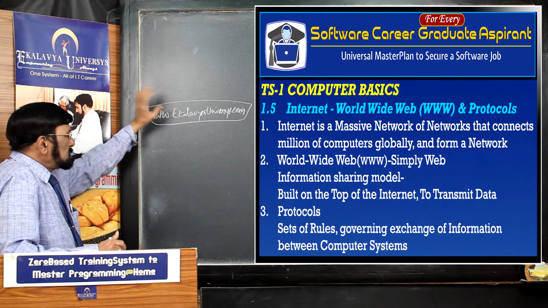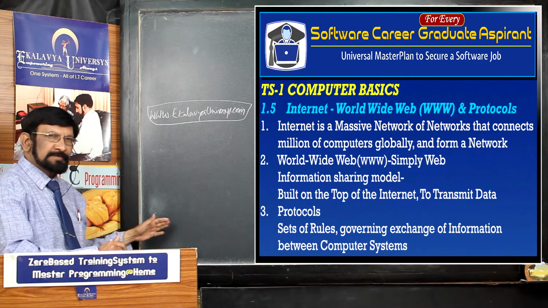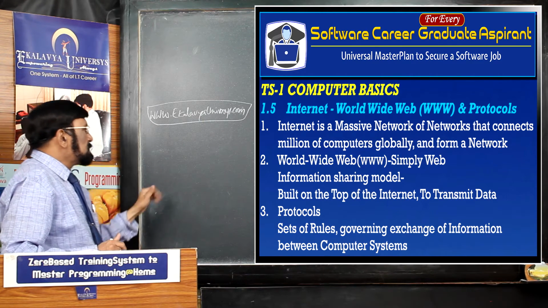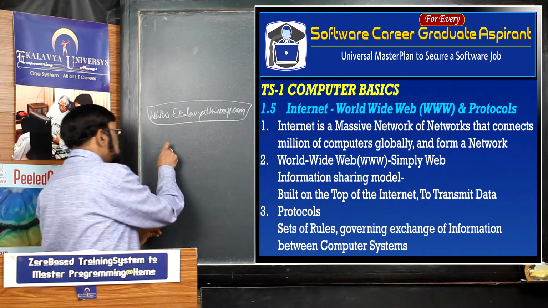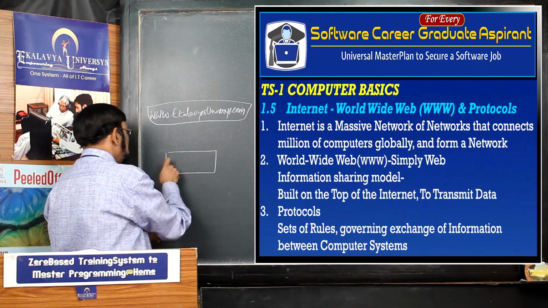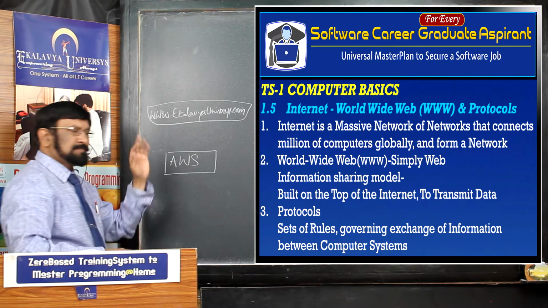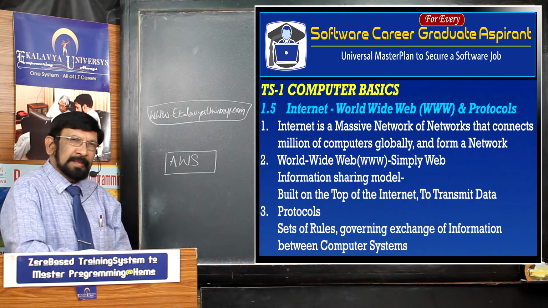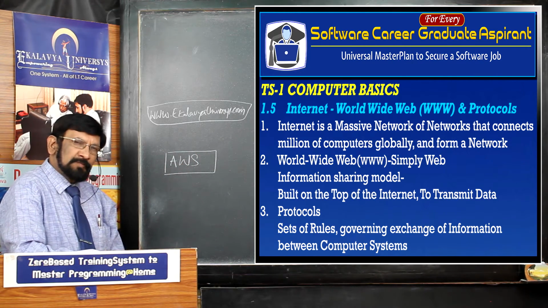Actually, for this purpose, what should I do? How can it reach the students or users? For that purpose, we have to appoint distributors, which here are certain servers. I am using AWS, Amazon Web Services. It is a server, and tens of this type of servers are available in the world.